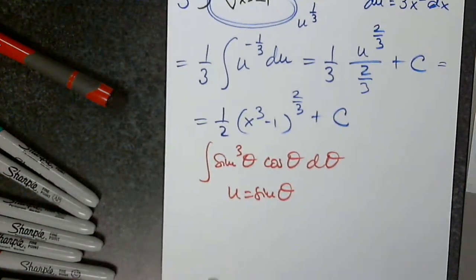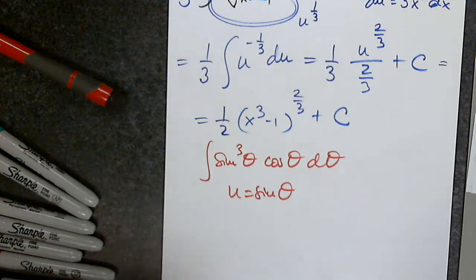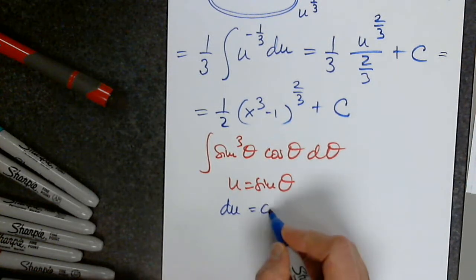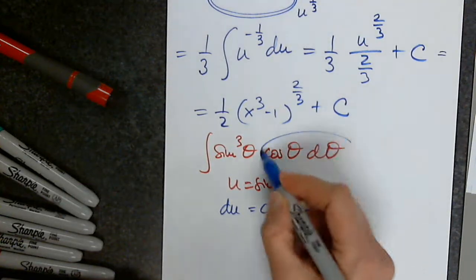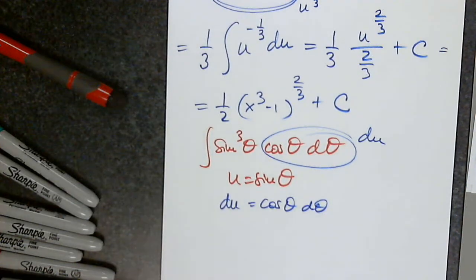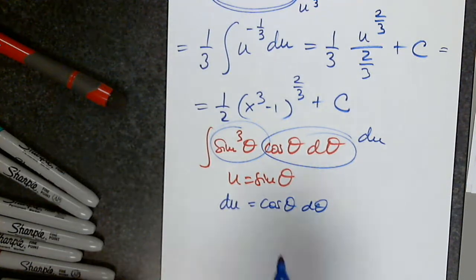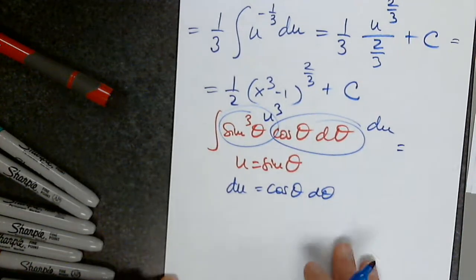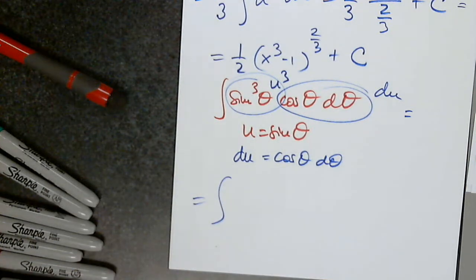Can anyone dictate? What is du? Very good. So this is my du. So then I change the integral. And remember, you cannot have x and u in the same integral.